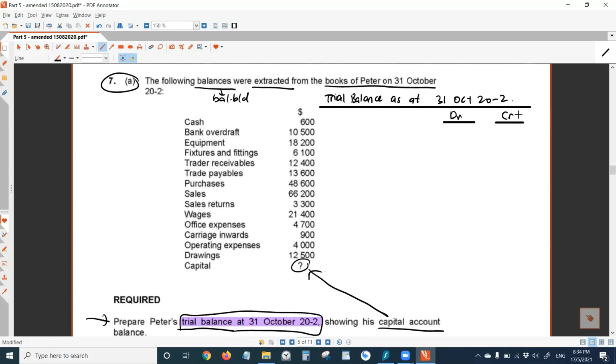Okay, sorry, I've taken some time. Now we continue. You should have drawn the template of the trial balance like this. Now, the challenge, like I mentioned just now, would be to decide whether each of these amounts should go to the debit column or the credit column. You need to make use of a table to help you do this fast. Draw the table together with me.